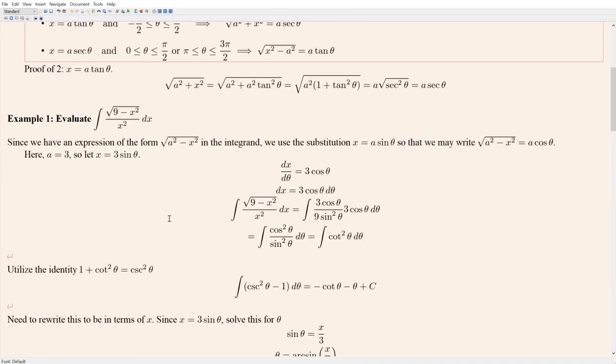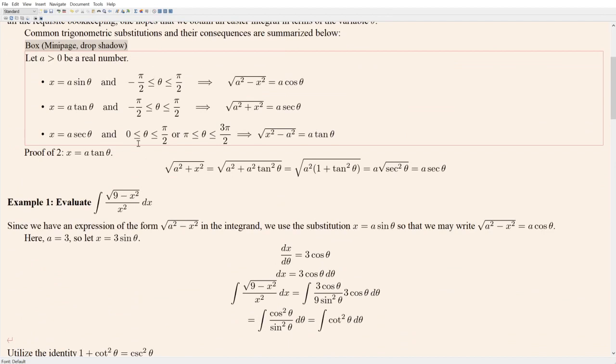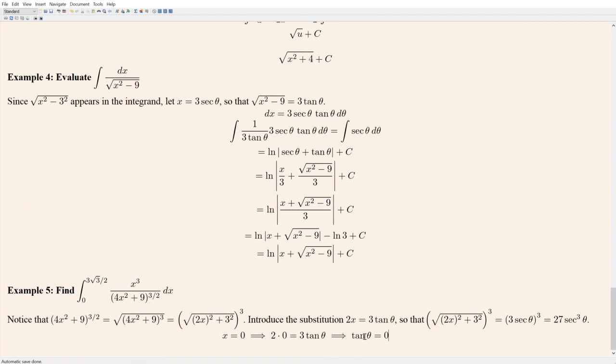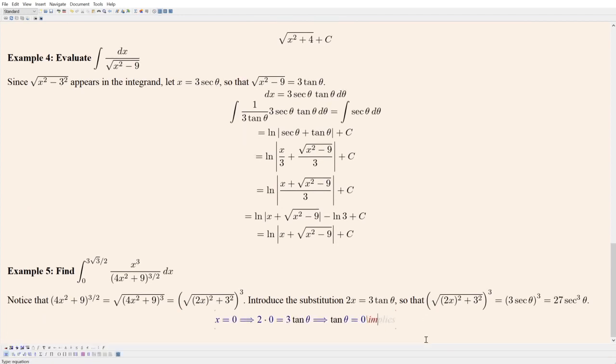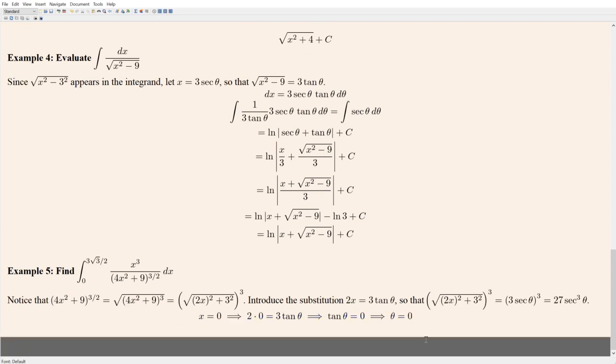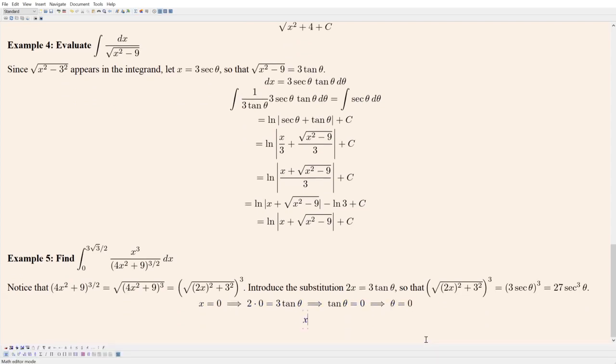And also, the theta that we are picking is between negative pi over 2 and pi over 2. So what angle between negative pi over 2 and pi over 2 has a tangent of 0? Well, 0. There's only one theta that satisfies that, and it is 0. Okay, so the lower bound remains unchanged.